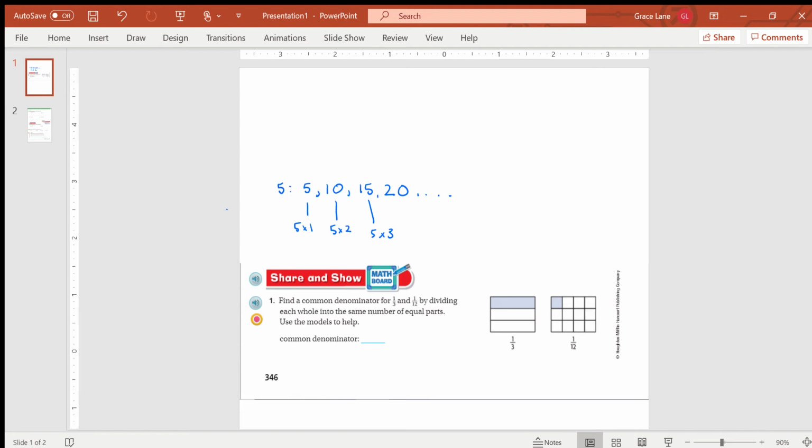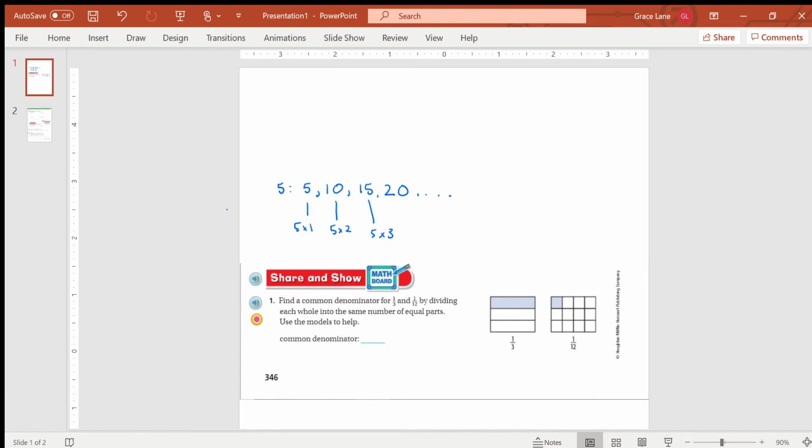So if you look at the bottom of page 346, number 1 says, find a common denominator for 1/3 and 1/12 by dividing each whole into the same number of equal parts. So again, one way to think about this is by using models. If you look at the models drawn for you, they are showing you 1/3 shaded on the first box and 1 out of 12 shaded on the second box. And they're asking you to see, is it possible to cut each big rectangle into the same number of parts?